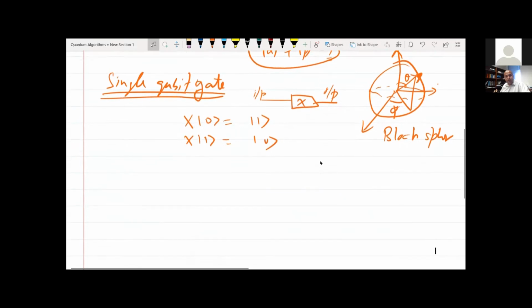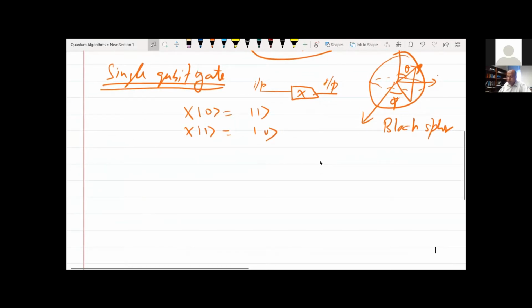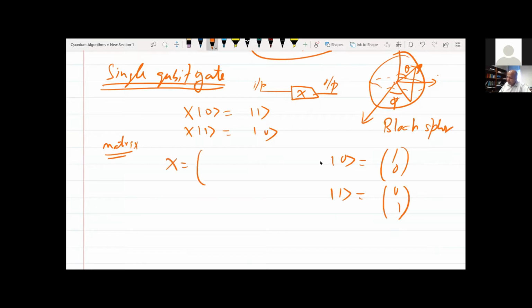And I can represent this gate in several ways. Two of these ways which are more common: one is the matrix representation, because the state 0, I can, let's say, represent it with a column vector 1 0, and this one state with 0 1, which means that my X can be represented with a matrix like this, because of this special placement of the zeros and ones.